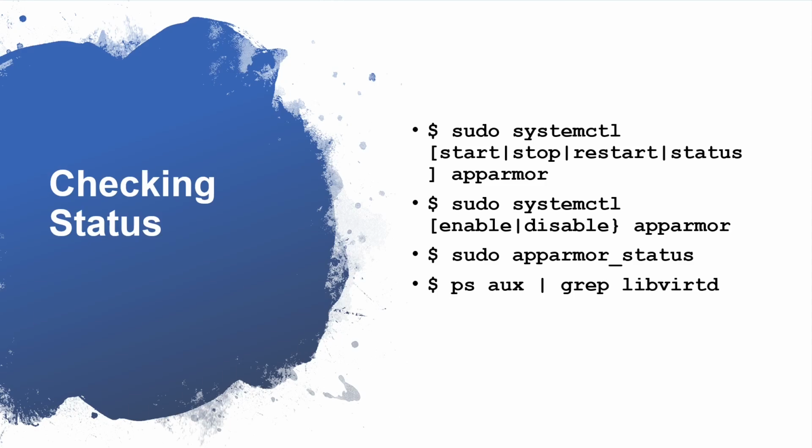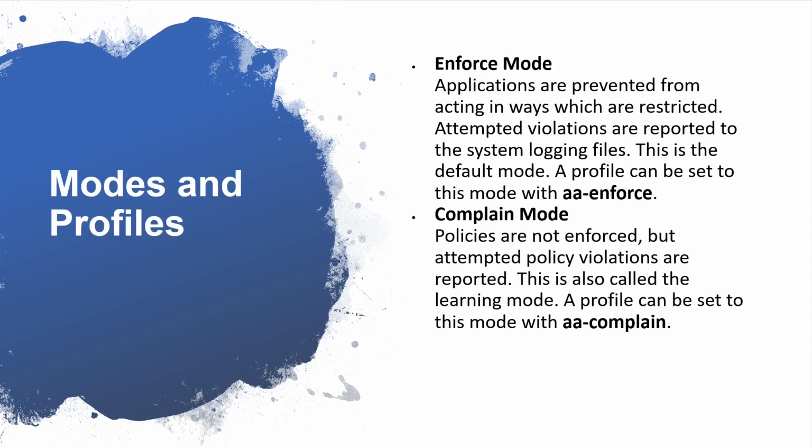In order to see the current status, use sudo apparmor_status. Profiles and processes are in either enforce or complain mode, directly analogous to SELinux enforcing and permissive modes. Note that in a process listing, a PID is given to you with ps aux | grep libvirtd.